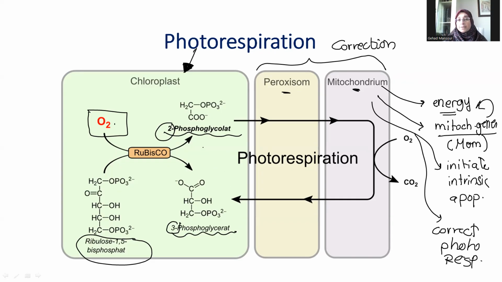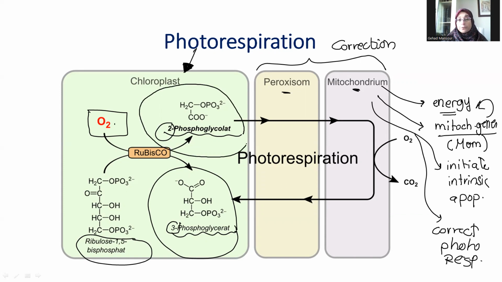It indicates that instead of having all the product obtained as 3-phosphoglyceric acid, we have part of the product obtained as 2-phosphoglycolate, which will not be useful. Phosphoglycerate can continue through the Calvin cycle to give glucose, but phosphoglycolate will not.